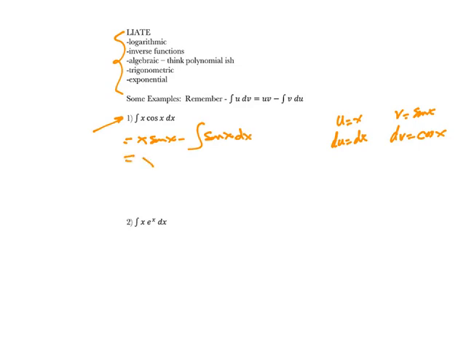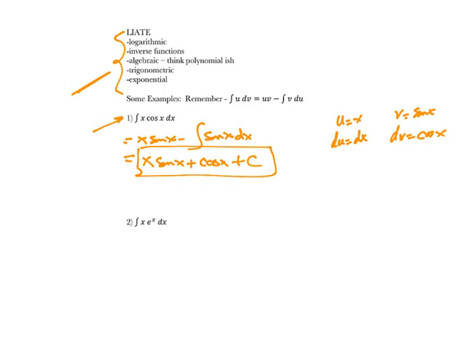So I have one more integration to do. The integral of sine is negative cosine. Put that negative here, and we'll make that positive cosine x. And don't forget your cupcake. It's really quite easy as long as you remember LIATE and what order to choose u in. It can become much more difficult if you don't pick the right u in the right order.